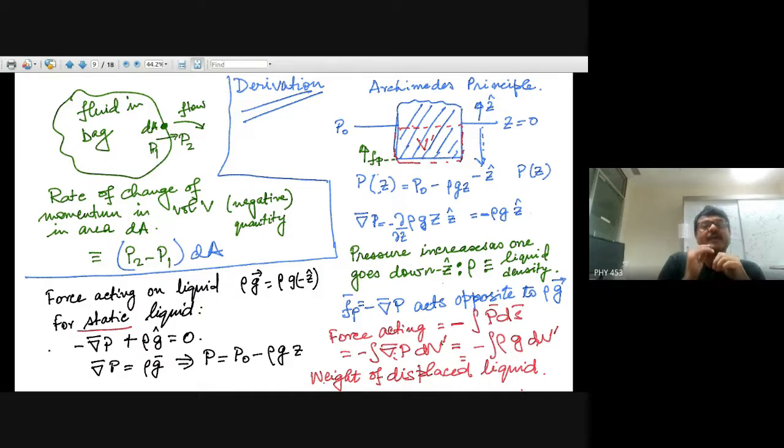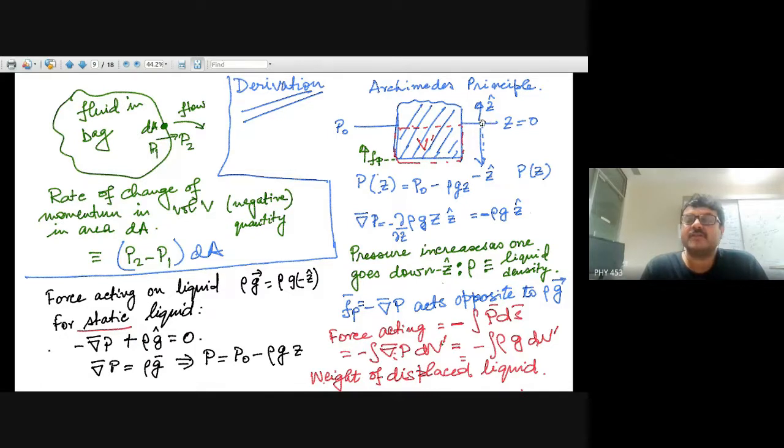Okay, so having an idea of the Euler equation, one can also derive the Archimedes principle. For that, just consider that there's some block of maybe wood or some substance which is floating, and choose the axis so that the z surface is here.